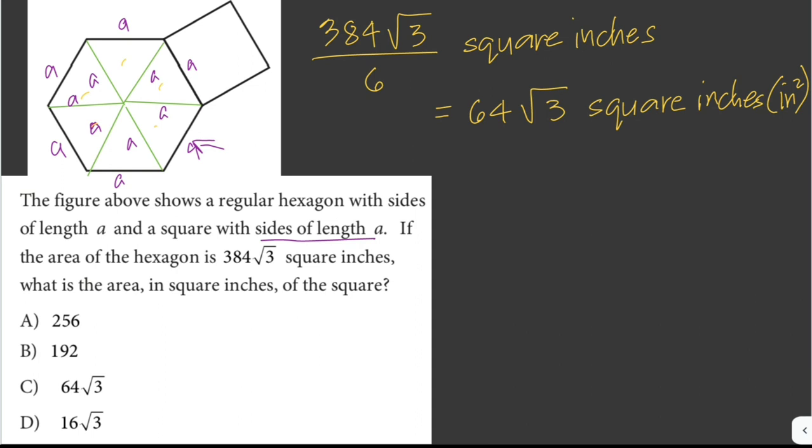Now, drawing any altitude of an equilateral triangle divides it into two 30, 60, 90 triangles. So if we draw an altitude here, this will divide into 30, 60, 90 triangles for each of the equilateral triangles.